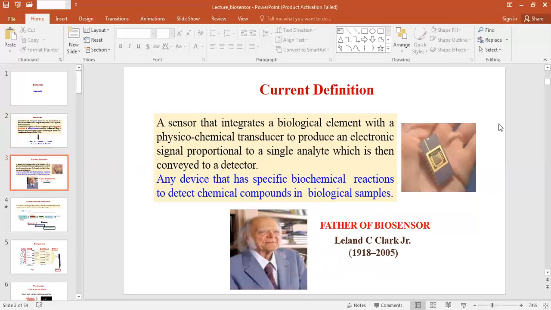Currently, a biosensor can be defined as a sensor that integrates a biological element with a physicochemical transducer to produce an electric signal. And Leonard C. Clark Jr. is recognized as the father of biosensor.